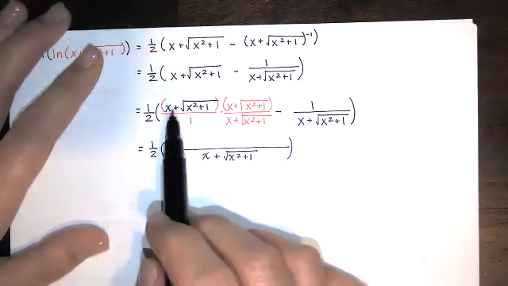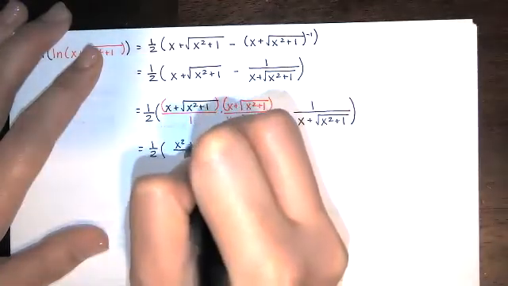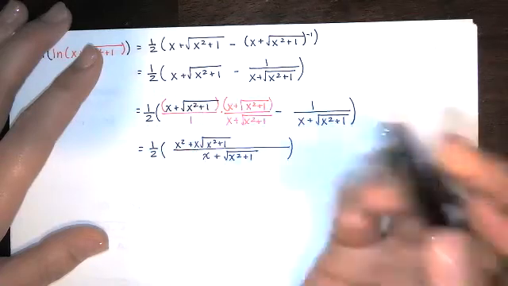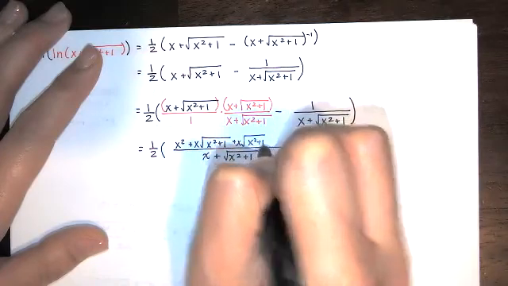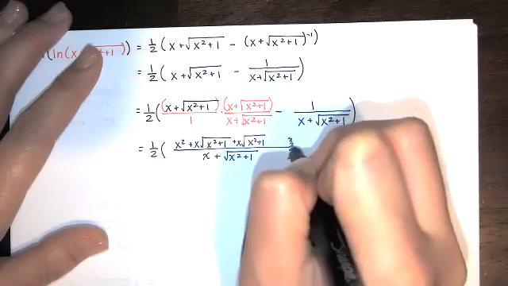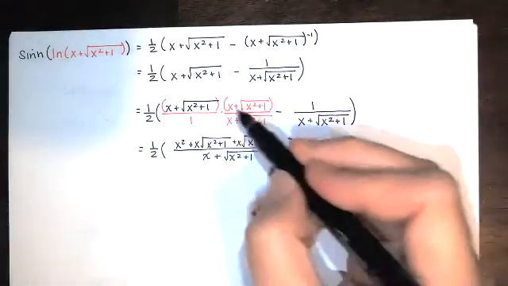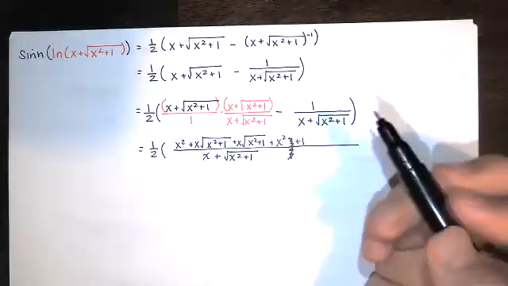Let's do it. So first times first is x squared. Outer times outer is x times the square root of x squared plus 1. Inner times inner is just like it. Oops, I'm going to need more space. Let's make the bar a little bit longer. Last times last is that square root times itself. We're going to get x squared plus 1 there.